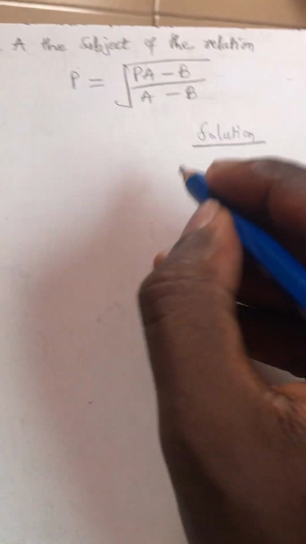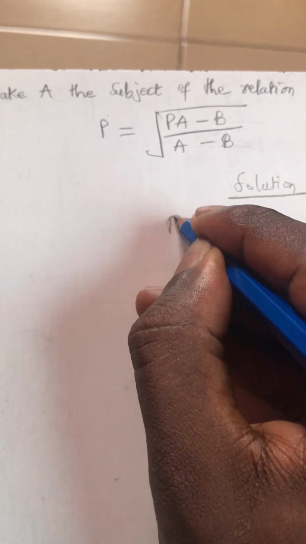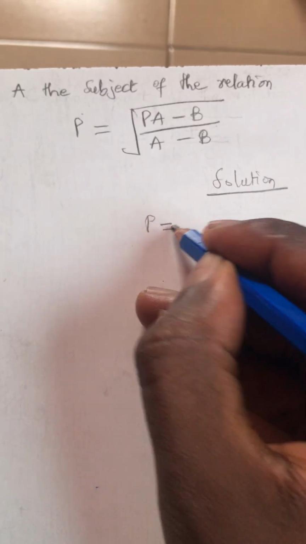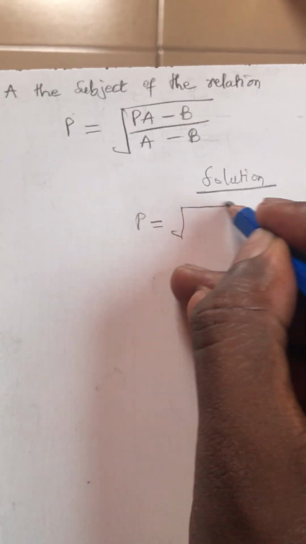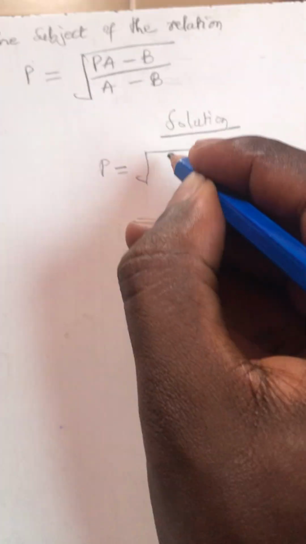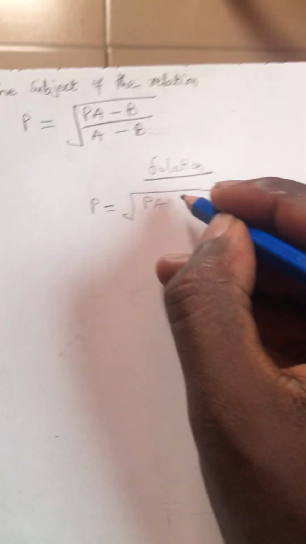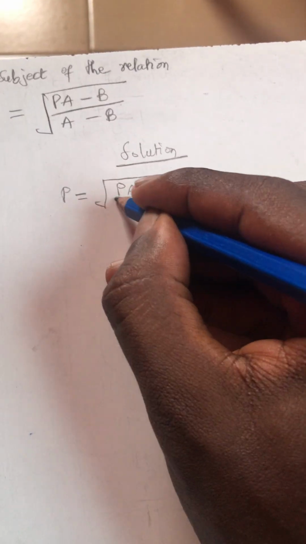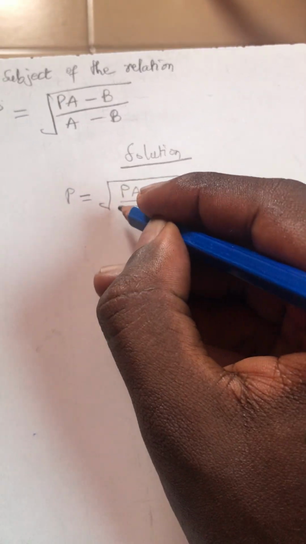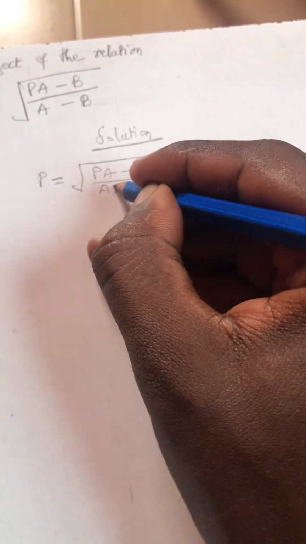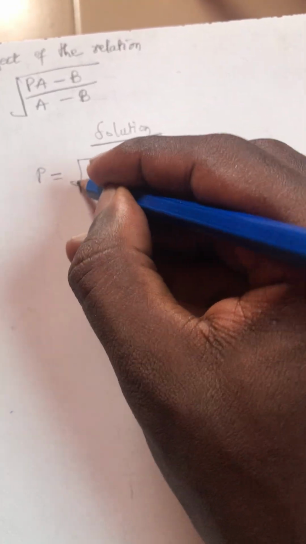So our given equation is P equals the fraction PA minus B all over A minus B, right?